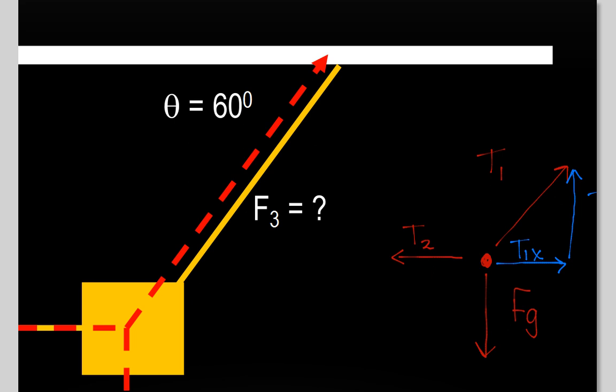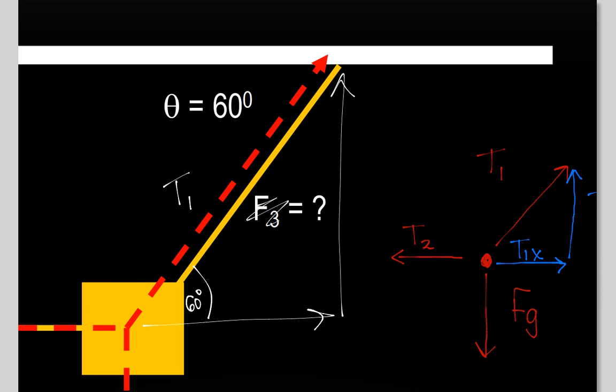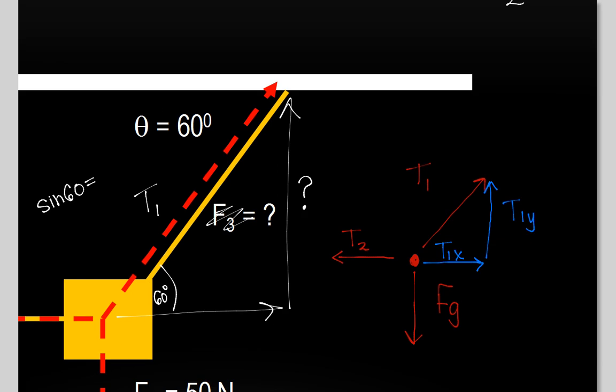Okay? So if I was to break this into its components, this angle would be 60. We called this one T1, right? We're not calling it F3, calling it T1. Okay, so what's the formula to get this opposite side? Sine 60 is op over hype. Do you agree? The op is T1y and the hype is T1.